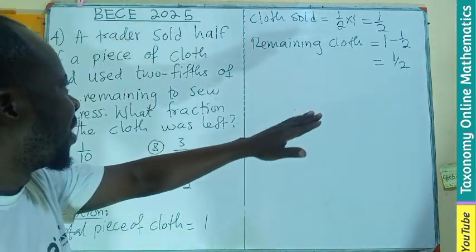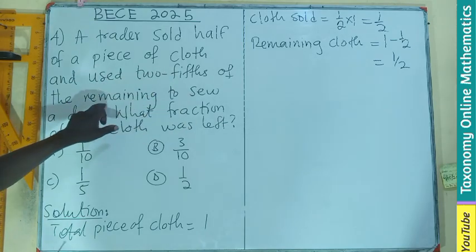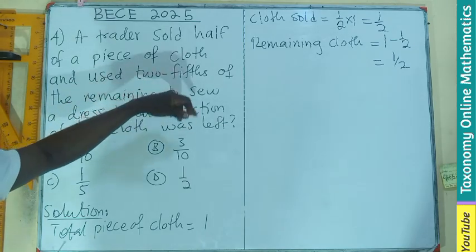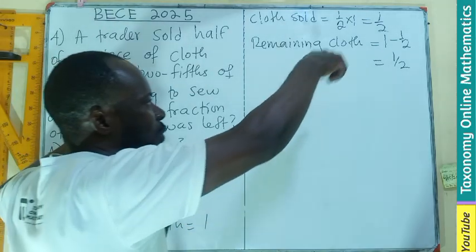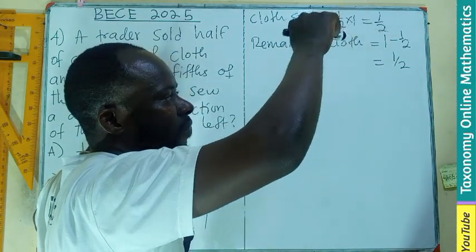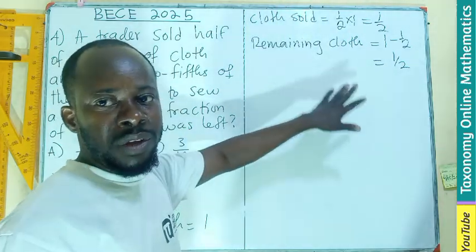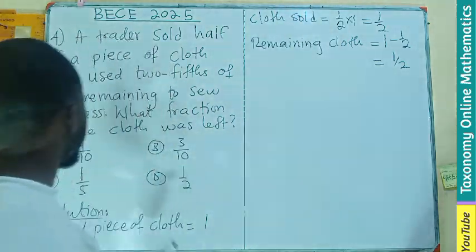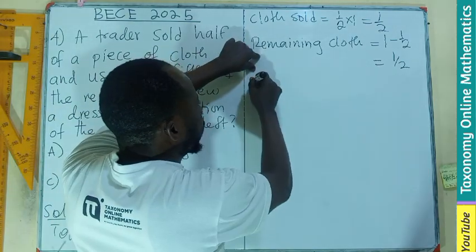Now, this half that is left, he used two-fifths of it to sew a dress. He used two-fifths of the remaining, right? The original one, half is gone. The remaining is going to be half. So two-fifths of it.